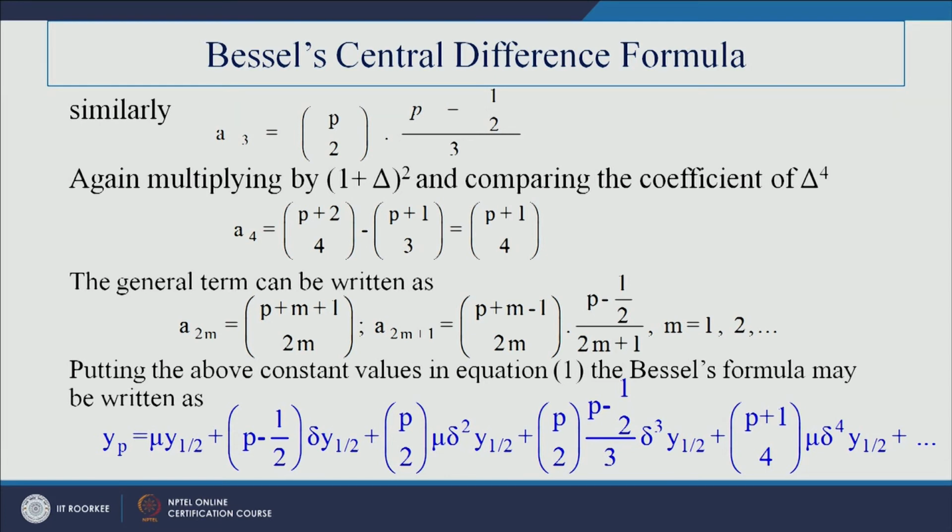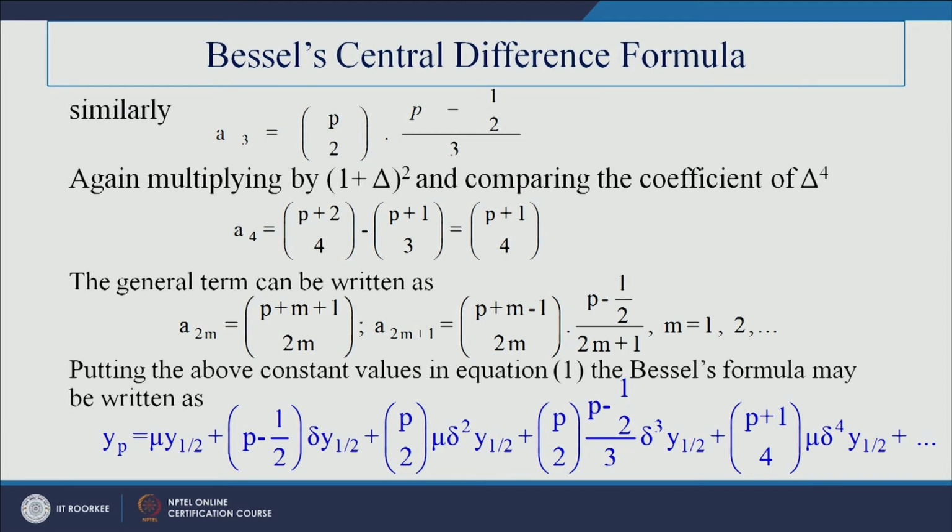In general terms, if you want to write A2m, that can be written as p plus m minus 1 to 2m there, and A2m plus 1 can be written as the permutation of p plus m minus 1 to 2m into p minus half by 2m plus 1.